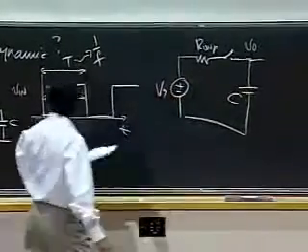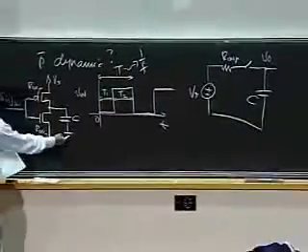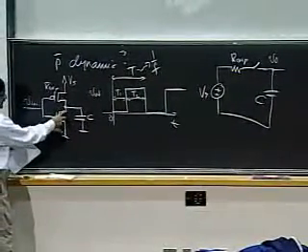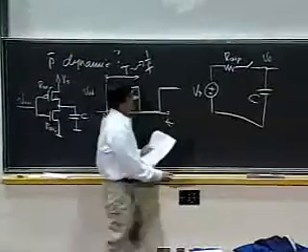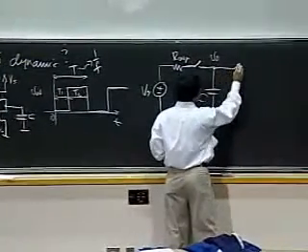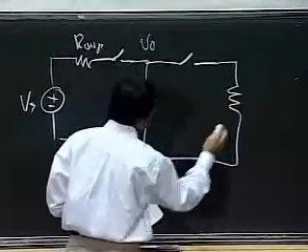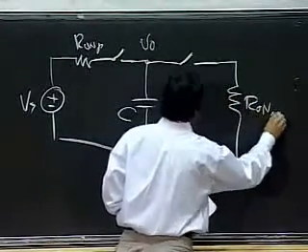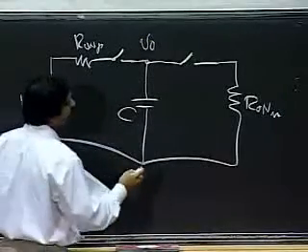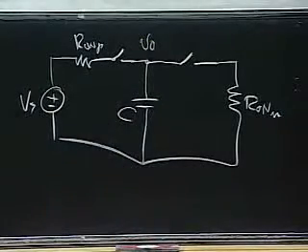That's a charging circuit. For discharging, I have C discharging through an ideal switch with the R on N. So in this situation, I have an ideal switch and R on N. So that's the equivalent circuit for something like this.